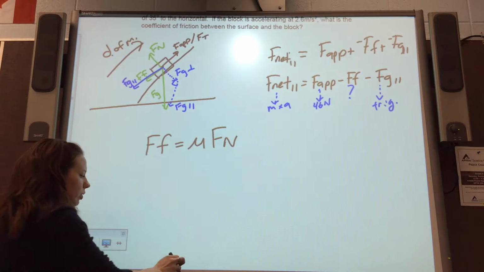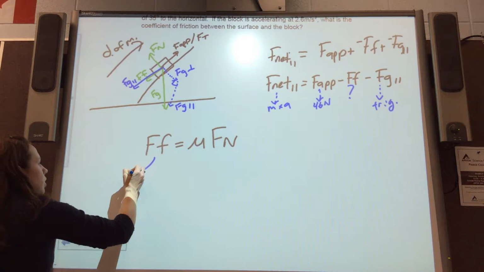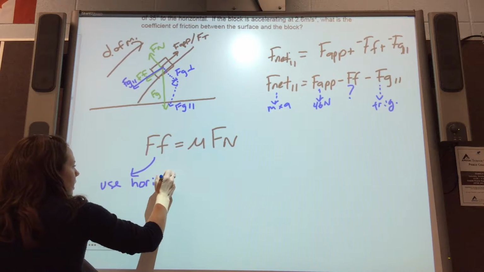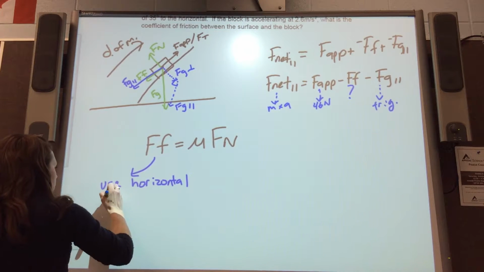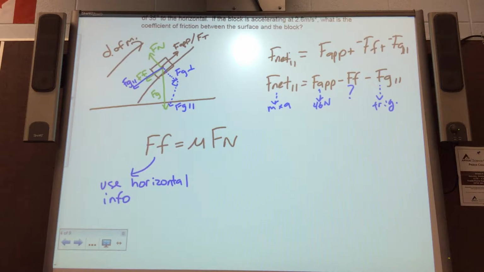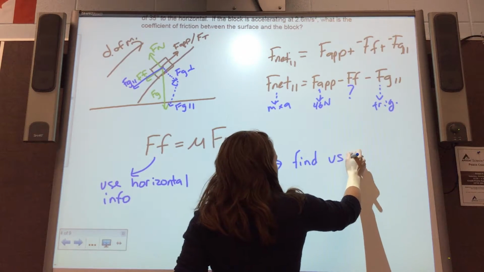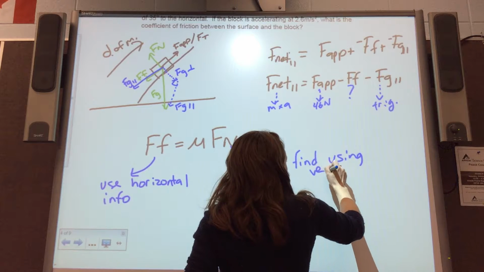So what I wrote down on my paper is I'm going to use horizontal info to find my FF. Just like when we did the force of friction from the very beginning, we divided it into horizontal and vertical information. And this FN I find using vertical info.